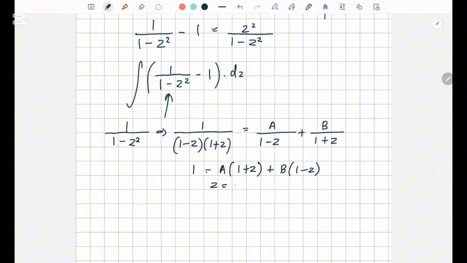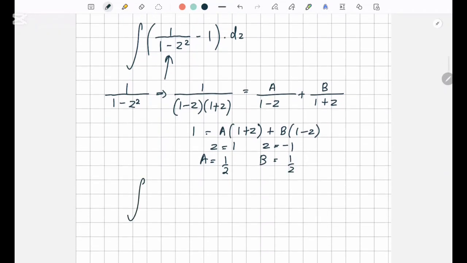When z equals 1, a equals half. When z equals negative 1, b equals half. Same thing. So we got half. So it's 1 over 2 into 1 minus z plus 1 over 2 into 1 plus z minus 1.